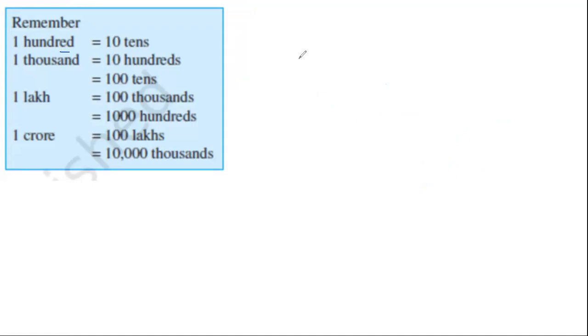Okay. So this thing you should remember. If I say 100, right? So ones place, tens place, then 100 place. So how many tens will come? 10 tens will come, right? Because if I add 10, 10 times, then only 100 will come. So in 100, 10 tens will come.